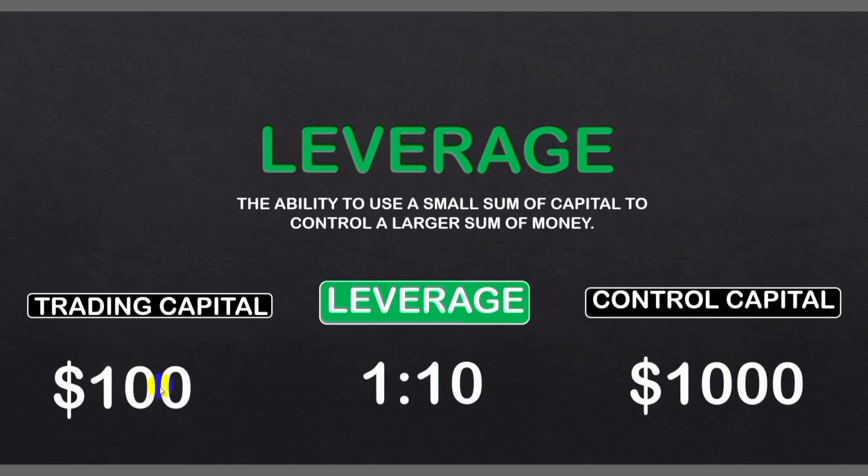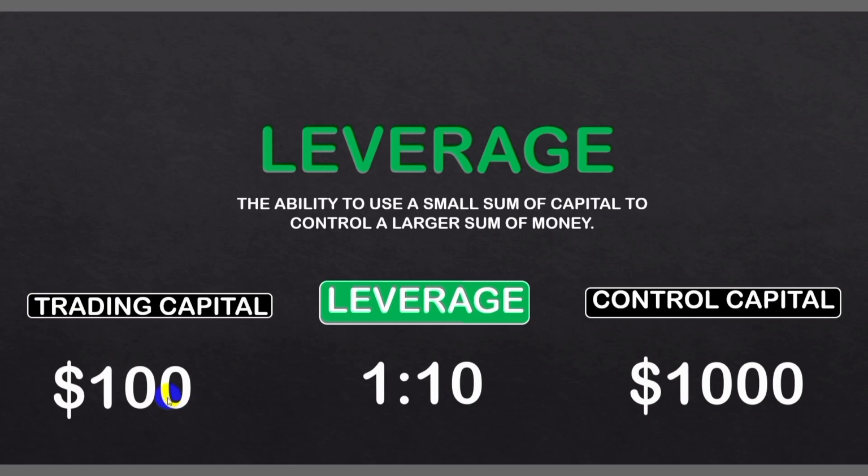For example, here, the trading capital is $100 and the leverage is 1:10. So you have a controlling capital of $1,000.